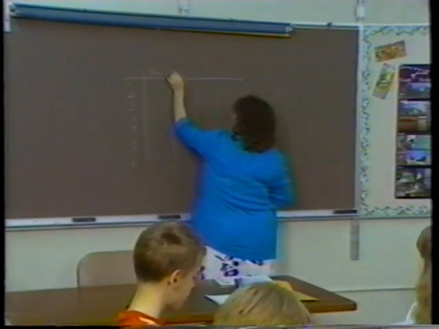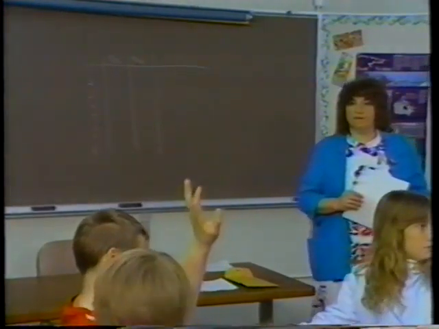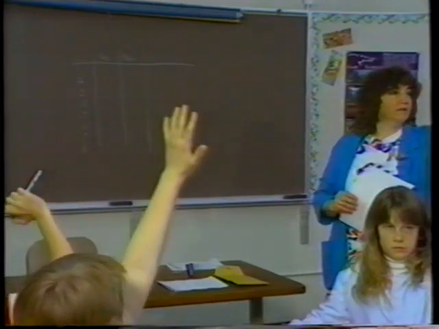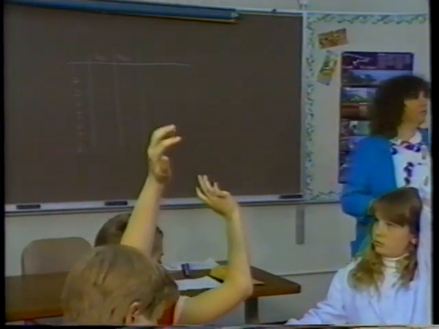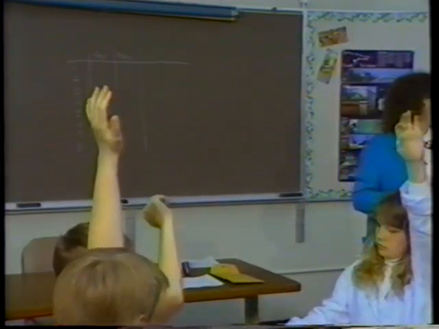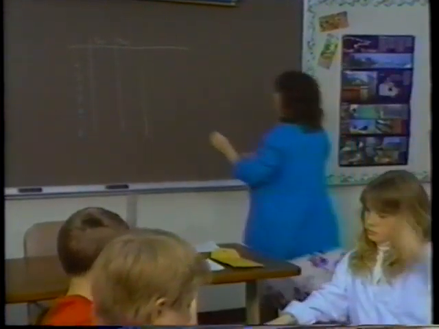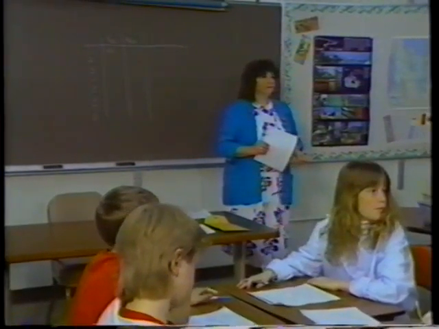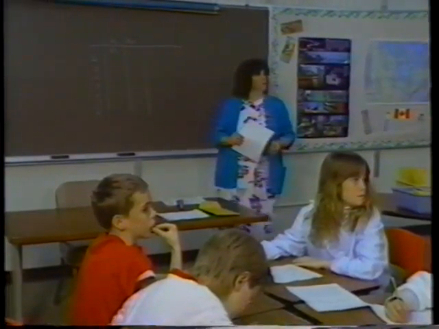Okay. All right, for number one, how many of you said yes, it will light? 1, 2, 3, 4, 5, 6, 7, 8, 9, 10, 11, 12, 13, 14, 15, 16, 17, 18, 19, 20, 21. Okay. How many said no, it won't? 1, 2. Okay.